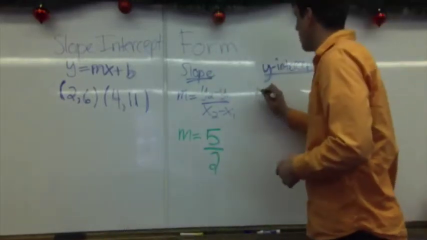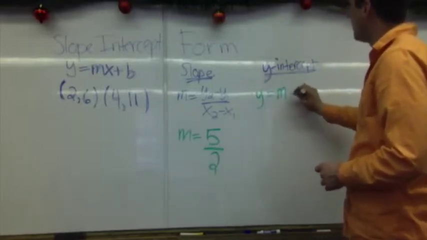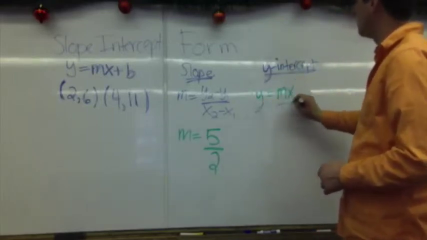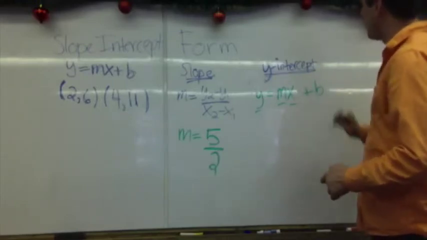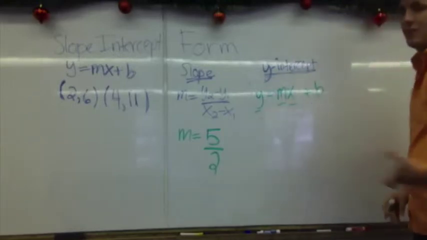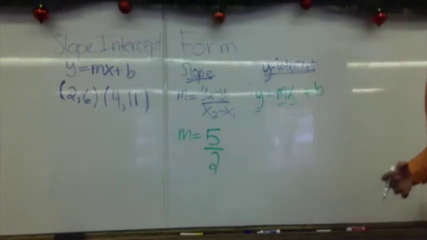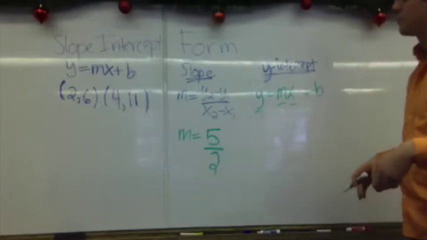When we plug in something for y, and then m, and then x, when all these have a number in them, then the only variable we have left is b, and we can solve for b. So now the question is, how do you find numbers for each of these? Here's how you do it.